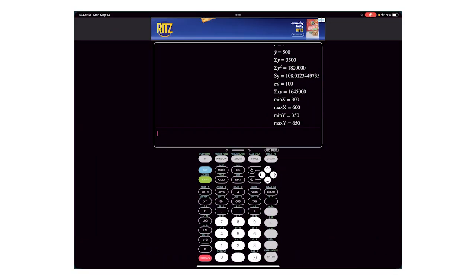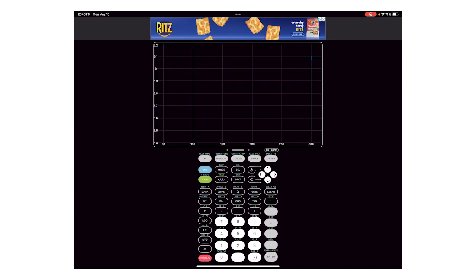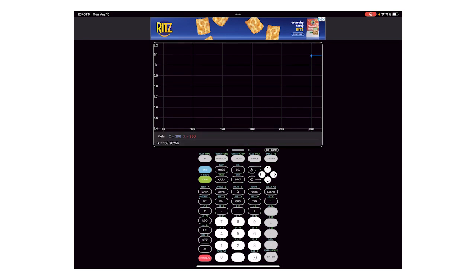If you remember, we want to go to second plot, and make sure our plot is turned on and the box plot is highlighted, okay? And then the same thing with my other plot, and all I have to do is hit zoom 9. It's kind of hard to see, so let's see if we can change the window.